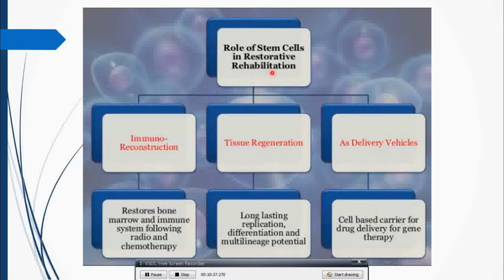In some cases, people are nowadays focusing on stem cells in restorative rehabilitation. For example, immunoreconstruction, where they use stem cells to restore bone marrow. Bone marrow ni sel darah merah dalam tulang. Immune system following radio and chemotherapy.